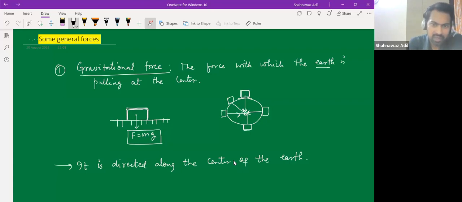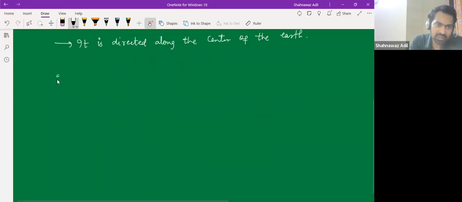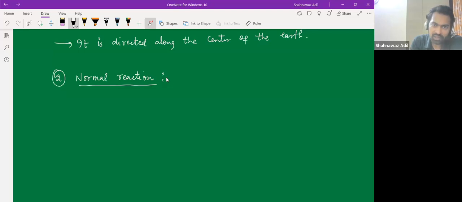Now, the second force which we experience in daily life is the normal reaction. Right. So what is this normal reaction force?